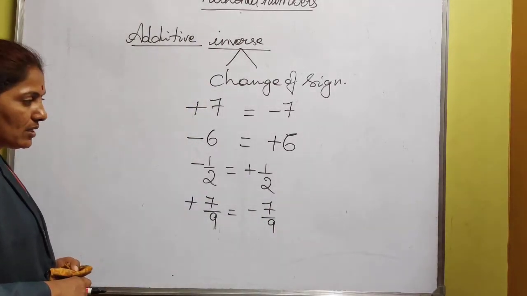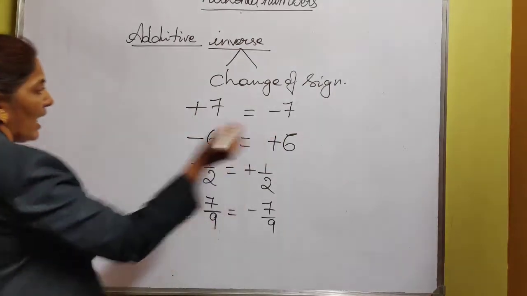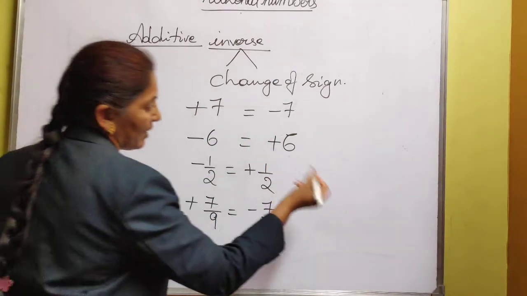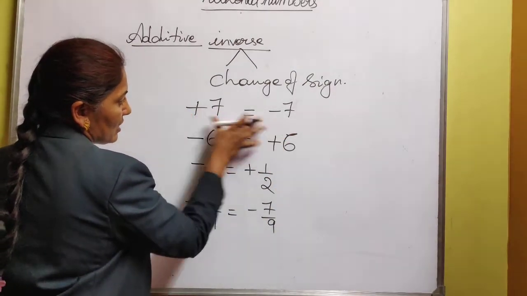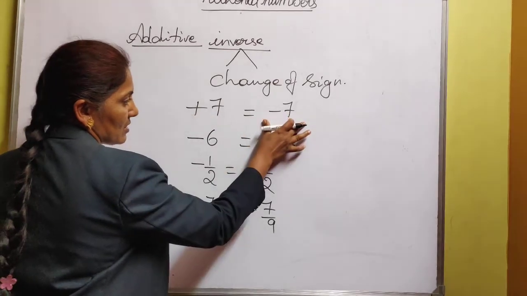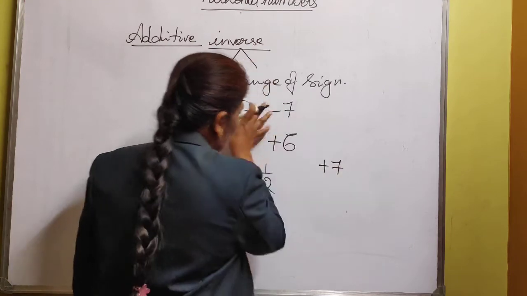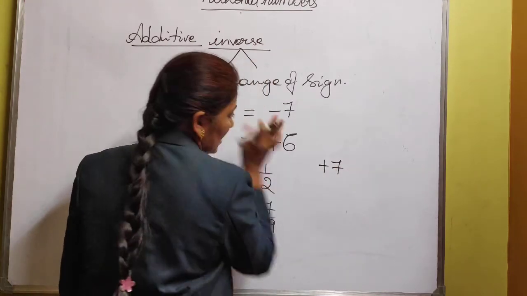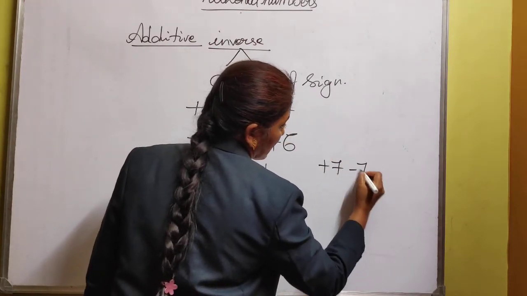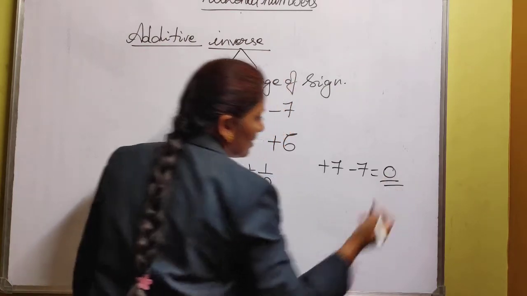One more thing you observe here is, when we add, can you see these two? This is positive and this is negative. When we add these, that is the integers plus 7 and minus 7, the sum is again 0.